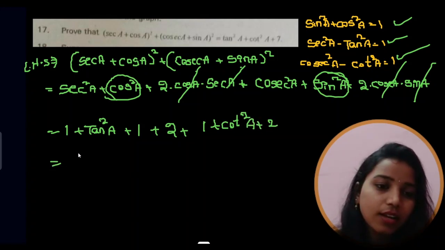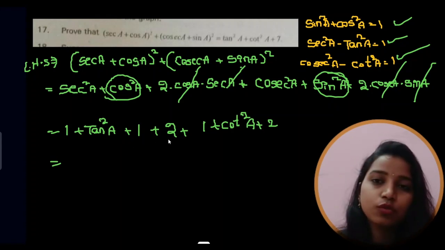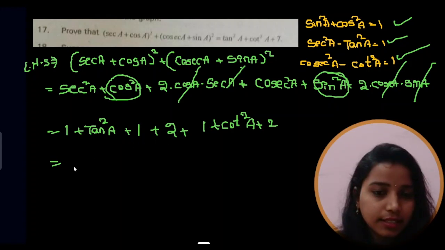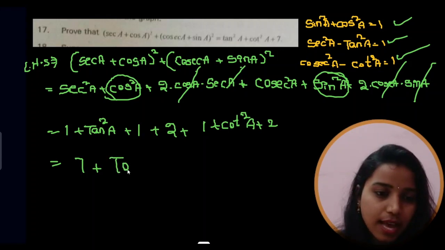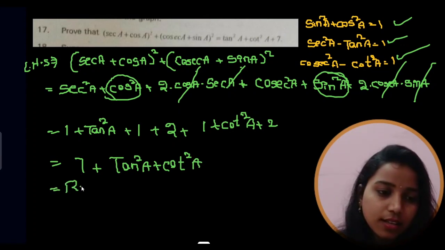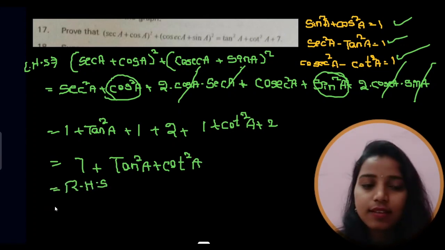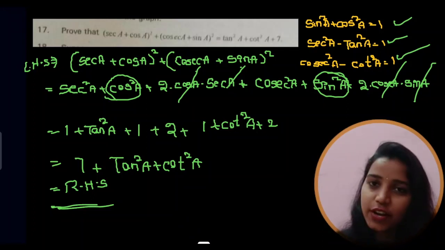So here 1 plus 1, 2, plus 2, plus 2, it is 6, isn't it? Sorry, it is 7. 3 ones plus 2 twos. 7 plus tan square a plus cot square a. Isn't it the RHS? So hence LHS is equal to RHS. So it is proved. Got it?